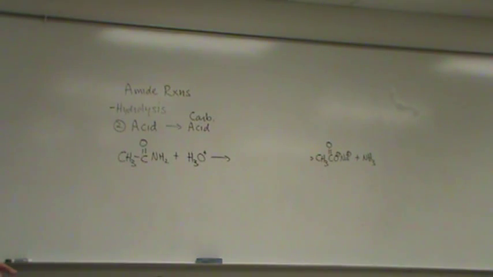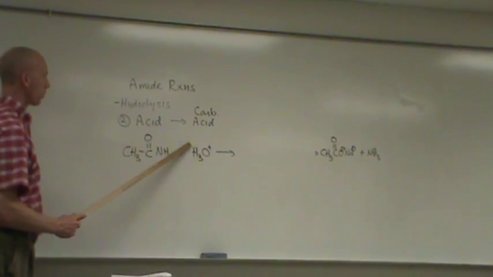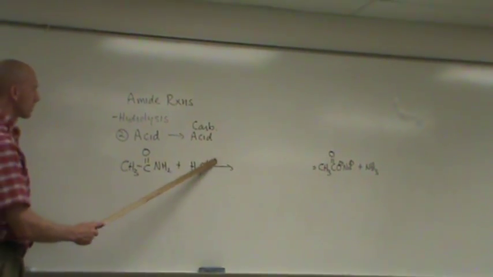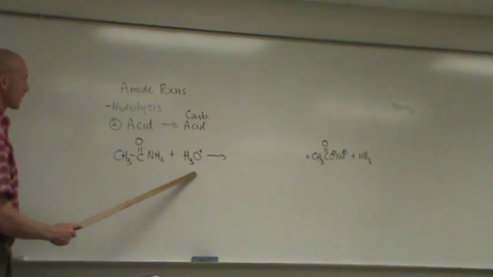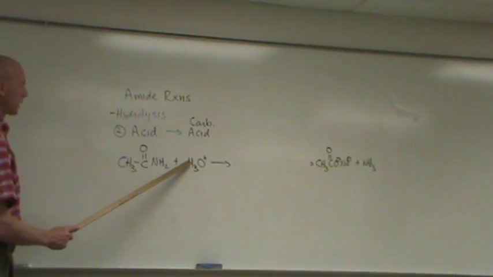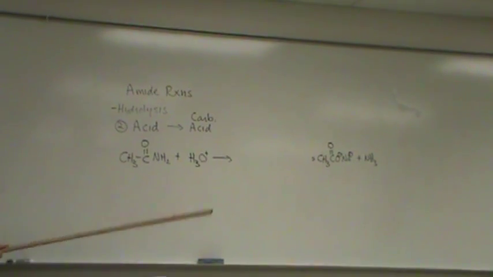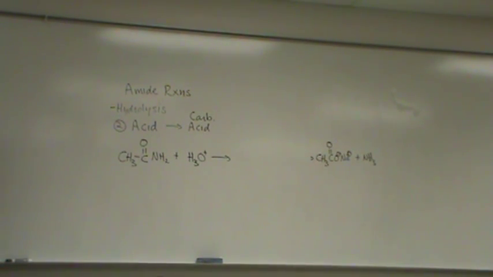In acid hydrolysis, we take an amide and react it with water and acid. That's what this H3O plus is: H plus on water gives you the hydronium ion.